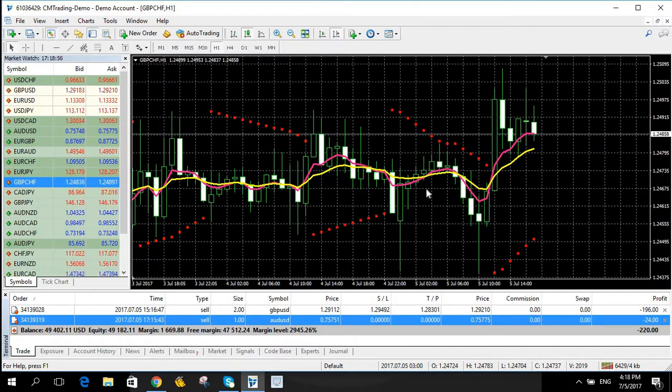Number three: do not enter a trade just after taking profit. Wait for at least 5 to 10 minutes while you reanalyze the market, so that the conditions of the same currency or any other instrument that you want to trade are clearly analyzed.